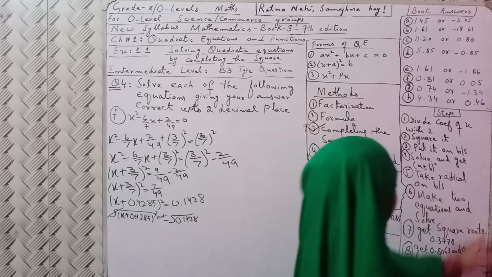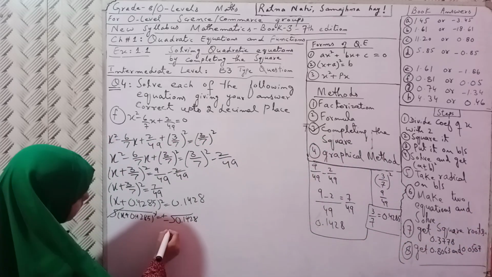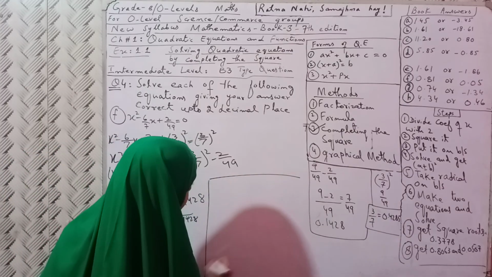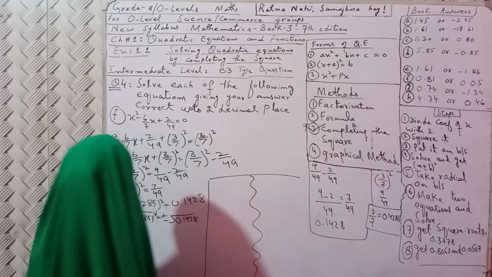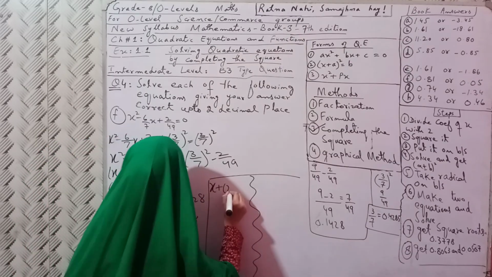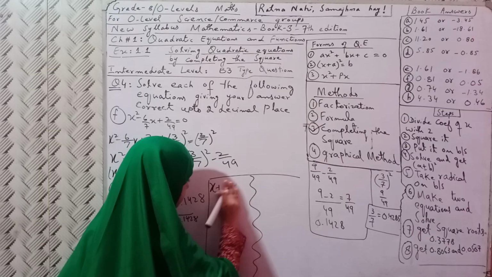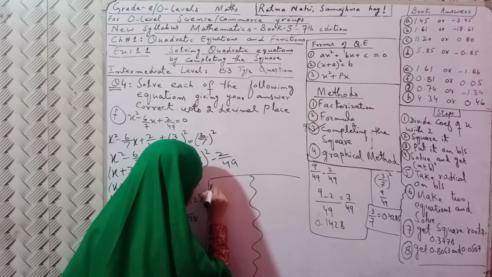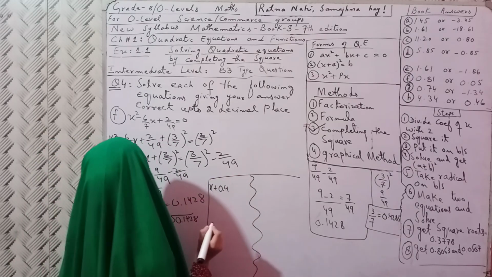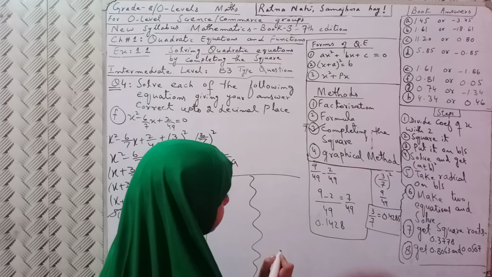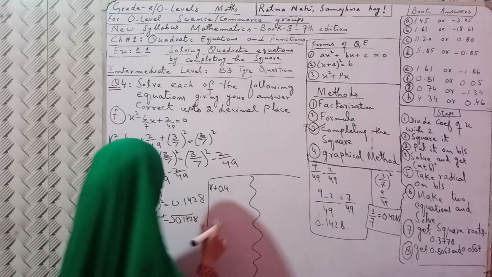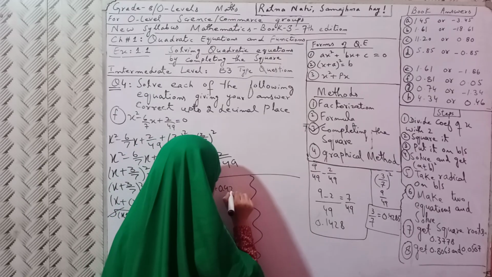Then make two equations and solve. So here will come x plus 0.4285.